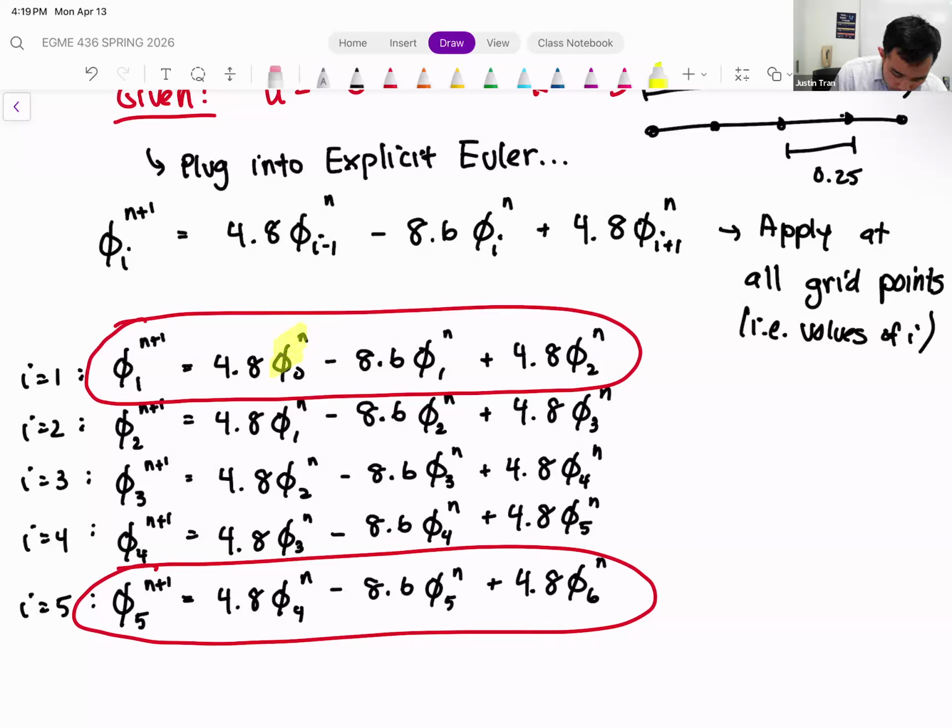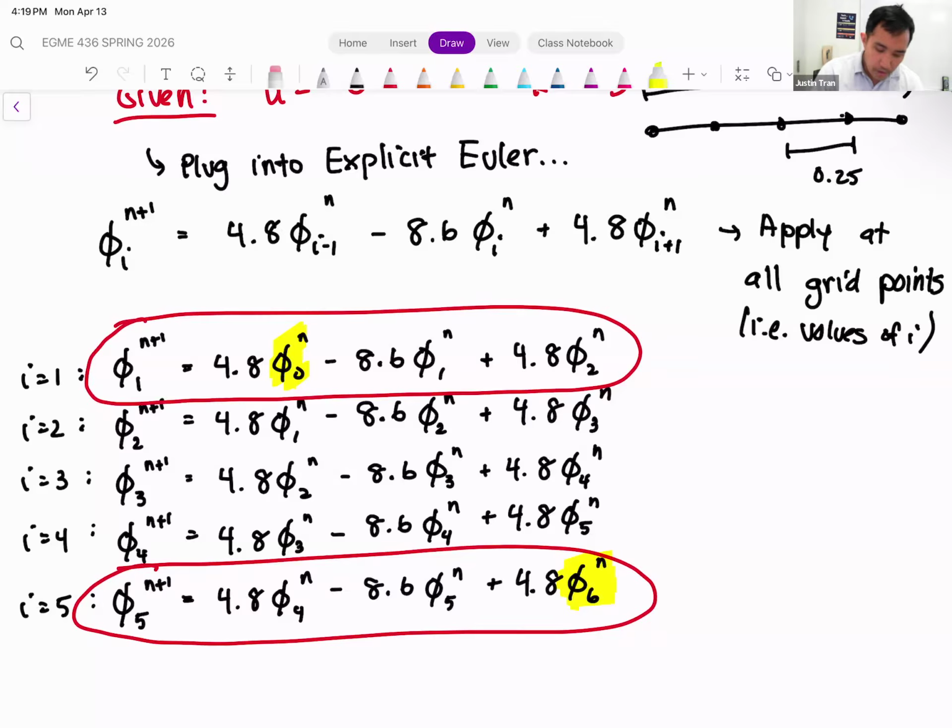So for the first equation, that is phi0, which doesn't exist because the leftmost node in our domain is phi1. And then for the last equation, we have phi6, which again does not exist because our domain ends at I is equal to 5. And so just like we did before, that means that we have to replace these equations with boundary conditions.